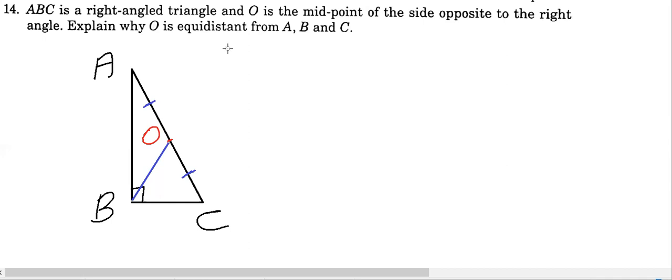So here a construction is required. Okay, what is required? Construction step is required here. And what is that construction step?